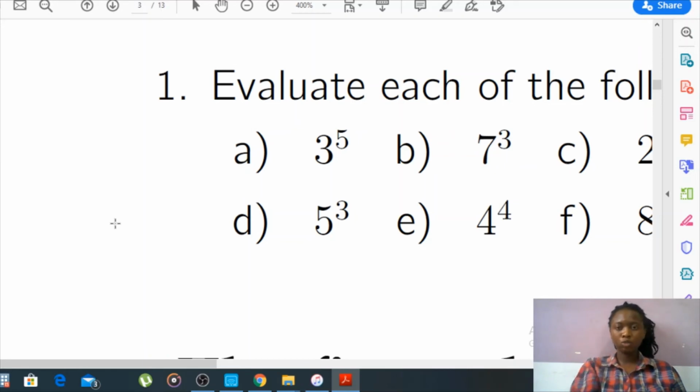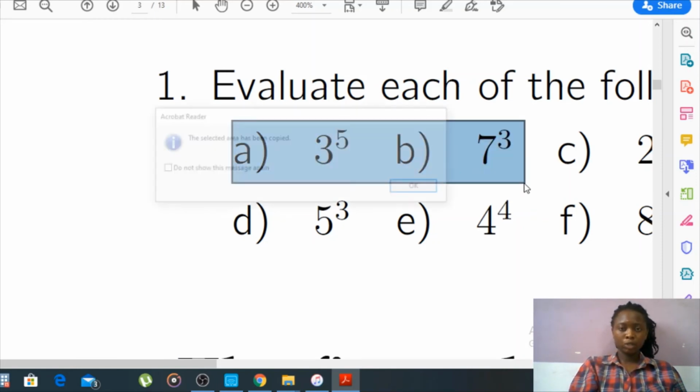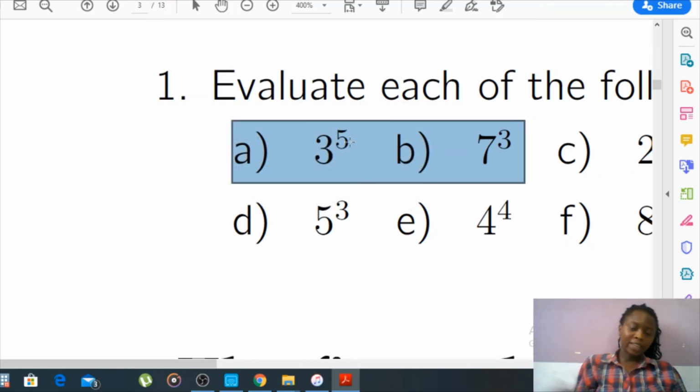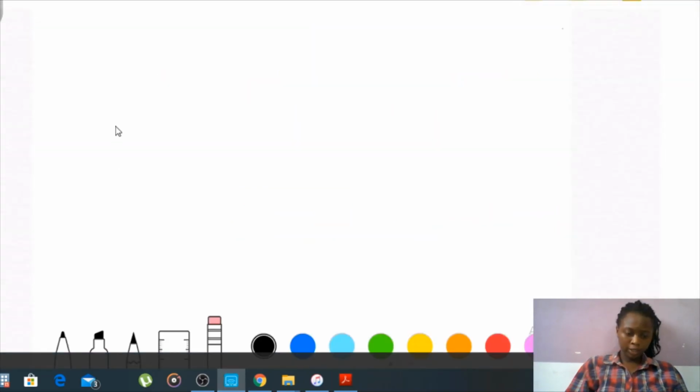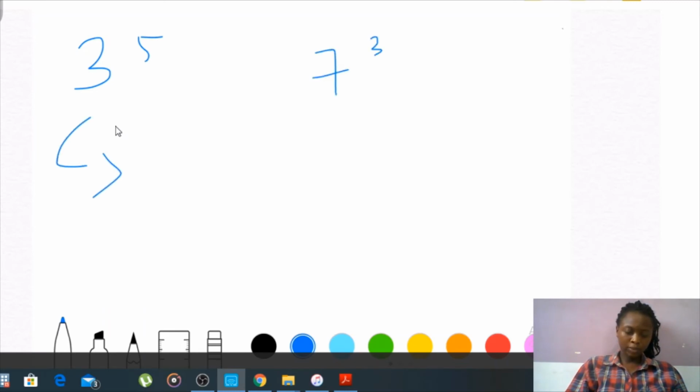So the first one says we should evaluate each of the following: 3 exponents 5 and 7 exponents 3. Evaluating this means we should break it down.